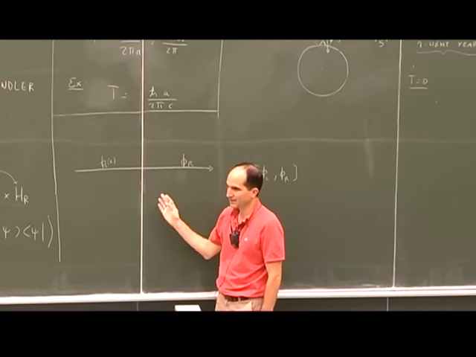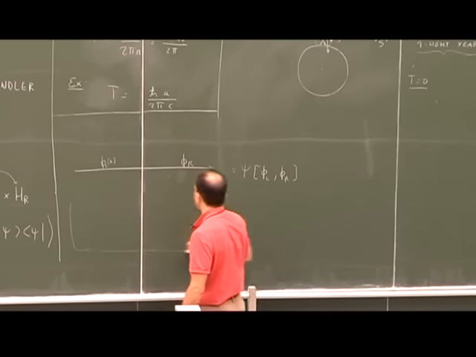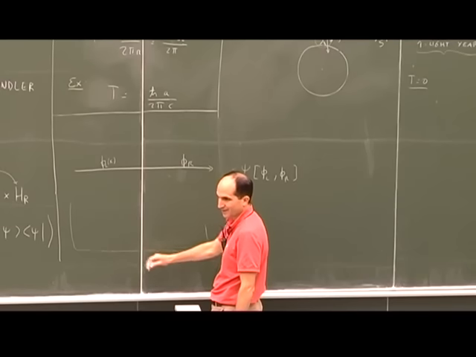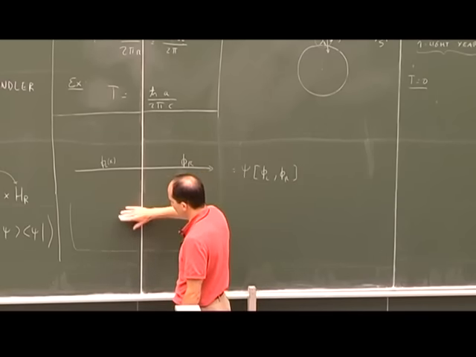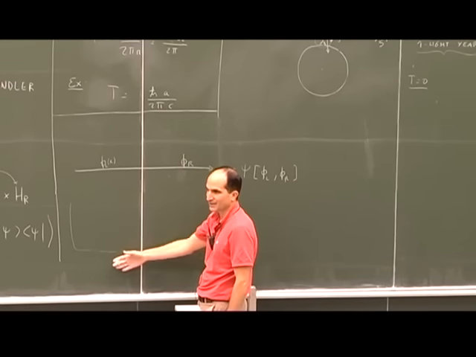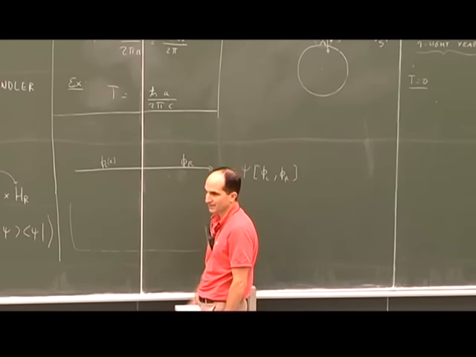You could put some boundary here where phi is 0, or 1, or whatever you want, but regular, not phi equal to infinity. If you take the limit that this boundary goes to infinity, the boundary conditions will drop out, and you'll get a unique answer, which is the vacuum wave function.